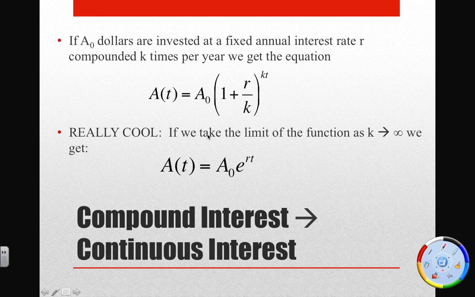Now, some of you might not be familiar with it. You might not remember this equation. That's because in pre-calculus and algebra 2, we call it Pert. Instead of A sub 0, I used a P to represent principal. Well, A sub 0 is your principal. It's the initial amount that you start with. The reason I am introducing this is to show this really cool fact, that we don't know how to take this limit yet, by the way.